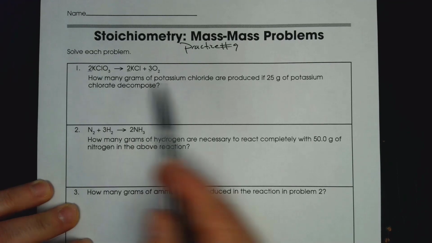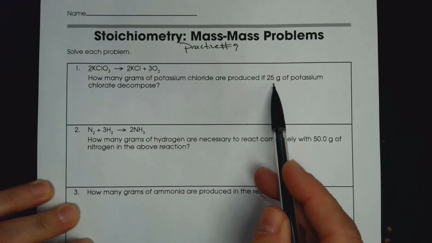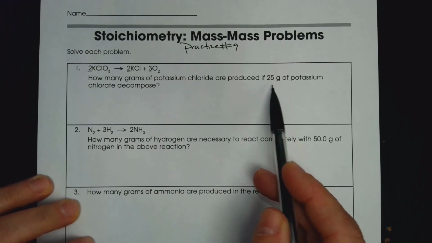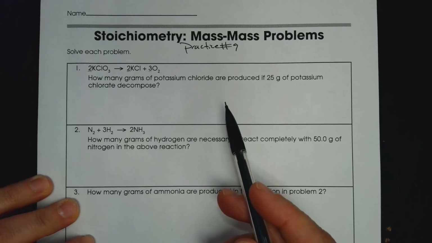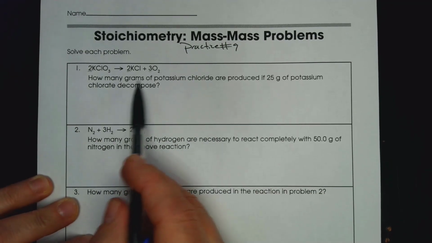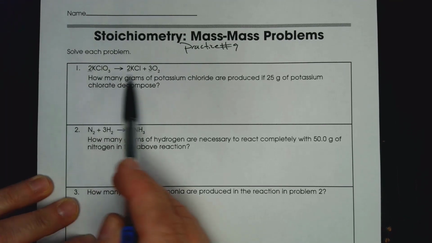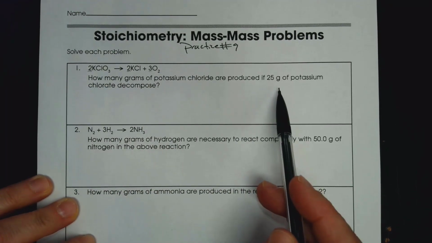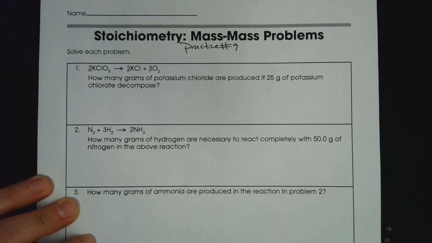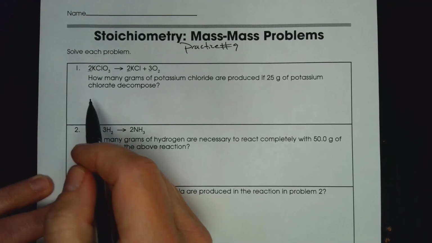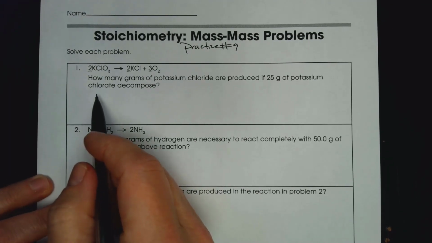Instead of 2 moles, we're looking for something that has 25 grams of something, or 15 grams of something. So that's why we take the time to do these conversions, so that we can take these massive quantities into something more reasonable that we could put together in a lab. Okay? So let's go ahead and work on this one.